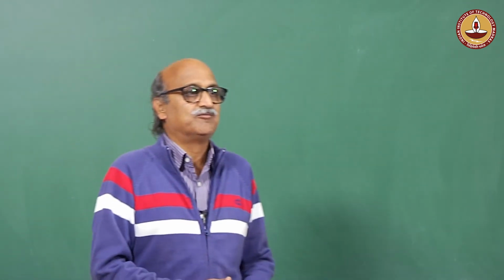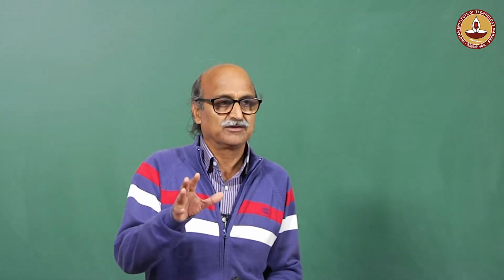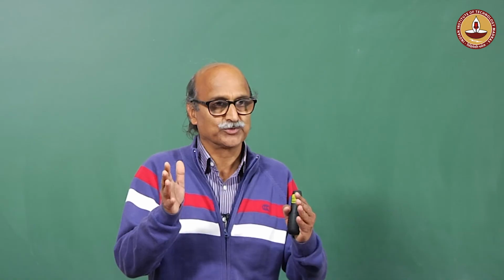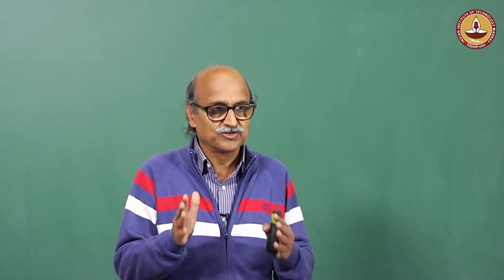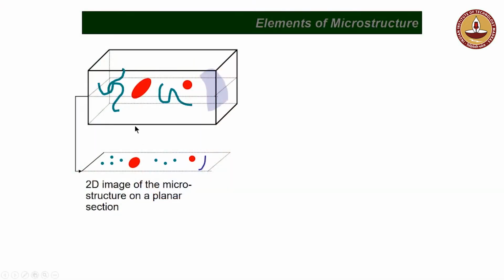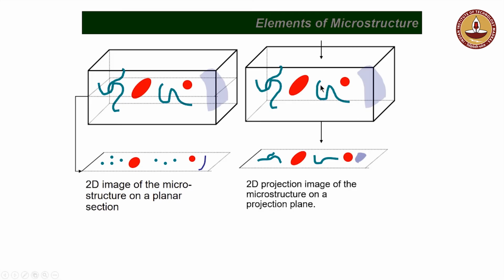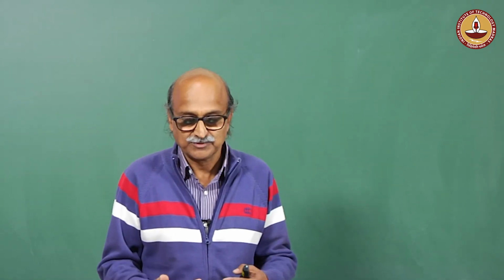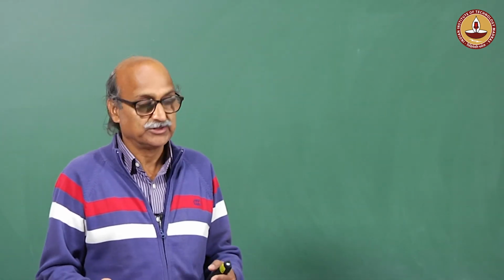This is one way of observing a microstructure. Another way we observe microstructure is producing a projected image, which is possible if my material was transparent to light. Then lines will be projected as lines, surfaces will be projected as area elements, and solid particles will also be projected as area elements, forming a projected image.